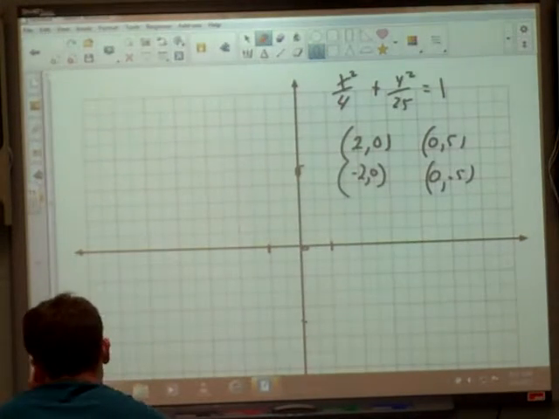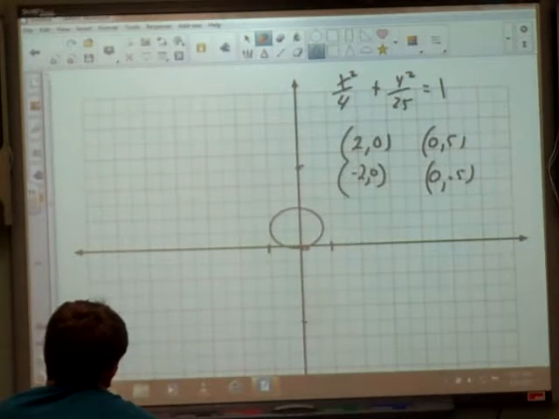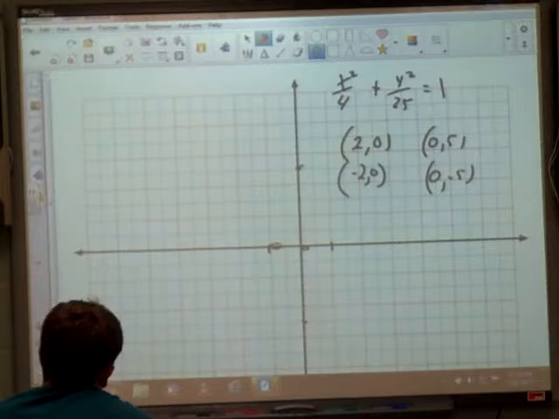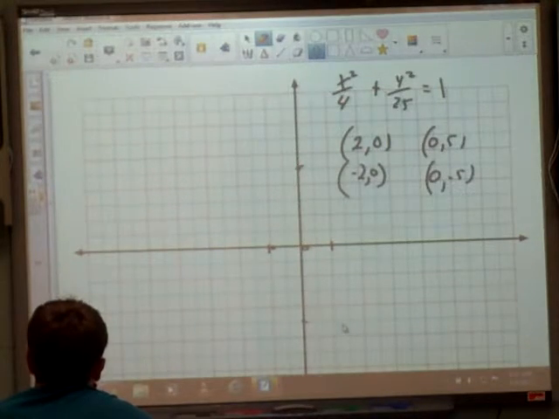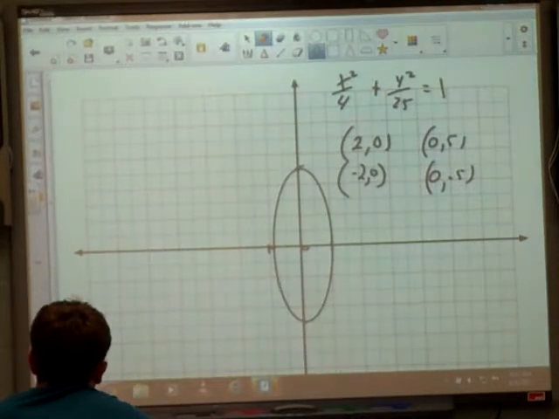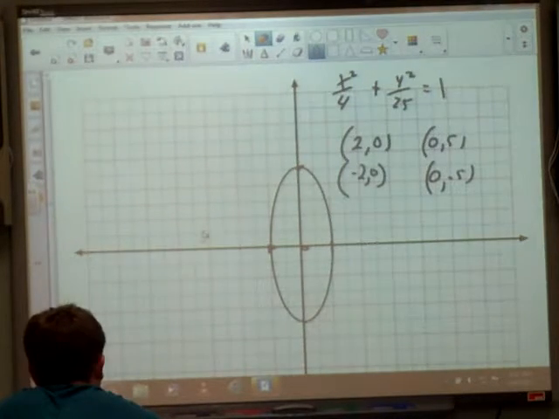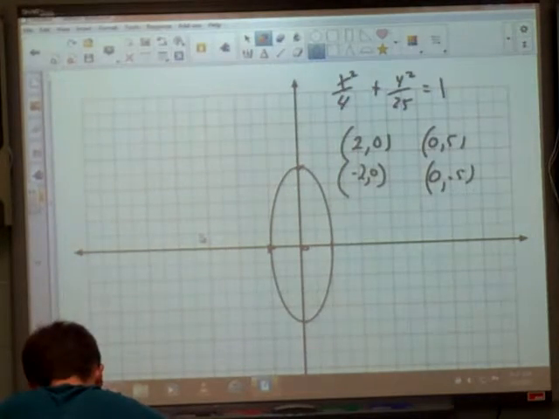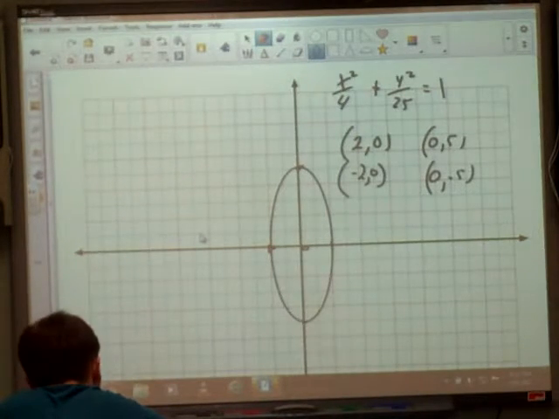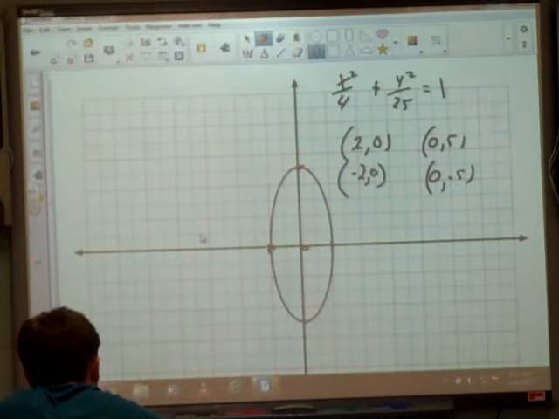Mine looks like a potato. It's not brown. It's like a carrot. It doesn't look like a carrot.